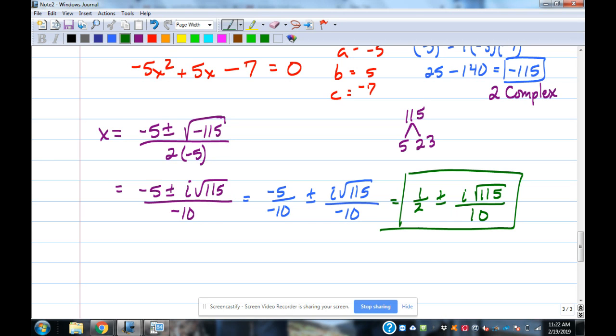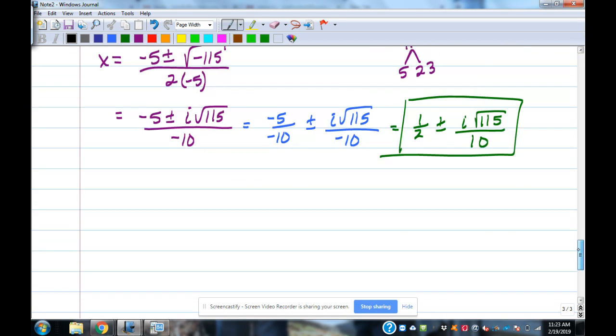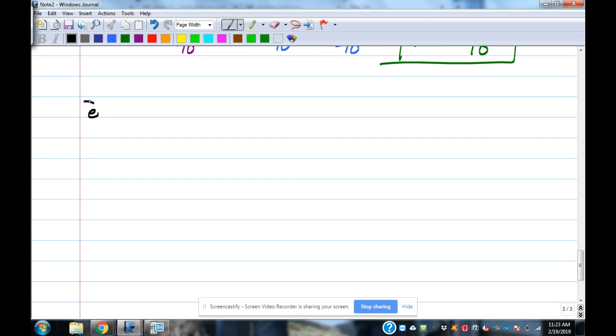All right, let's look at a couple more, and then we'll be done for the day. 4x squared minus 10x equals 2x minus 9. A couple of easy ones to finish off with here today.